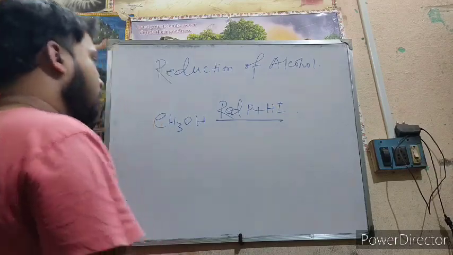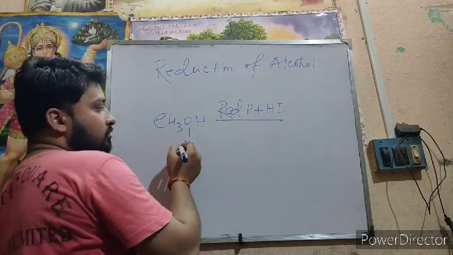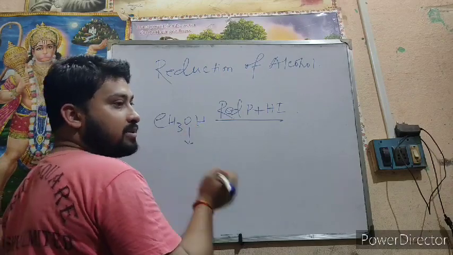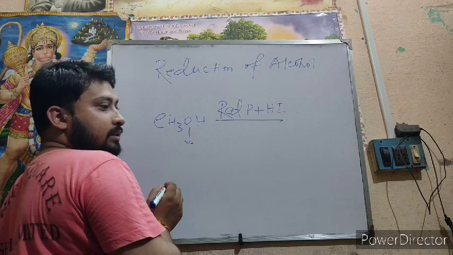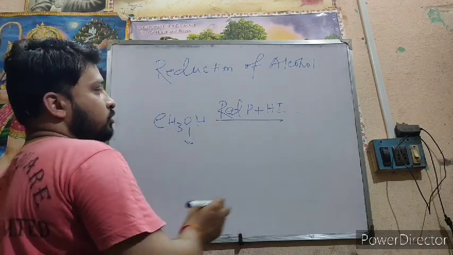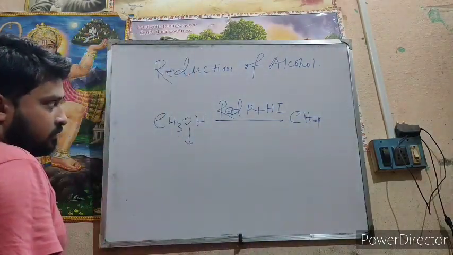If you want to reduce it, I know that, and you also know about it, that O is removed. When O is removed from any compound, that means reduction has occurred. So the product is CH4.